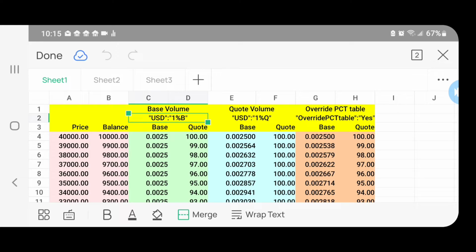The consequences of that is that the volume of the quote currency is going to depreciate or go down in value as the price drops. As you can see in column D, 1% of each balance level shows the volume dropping 1% of the quote currency, even though the base currency volume is consistent.